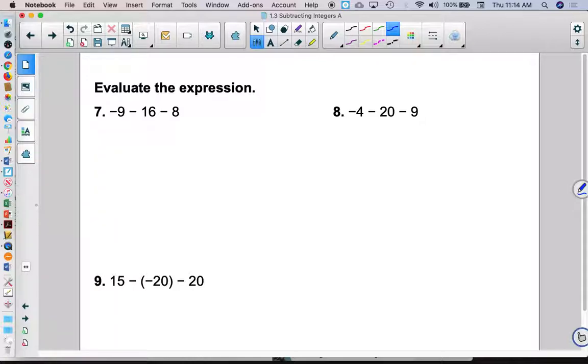Tell me what to do. Somebody walk me through this one. Kaylee? So -9, add opposite, 16, or -16, add opposite. Look there. What are all my signs now, Cole? My operation is addition. What are the signs of all the numbers?